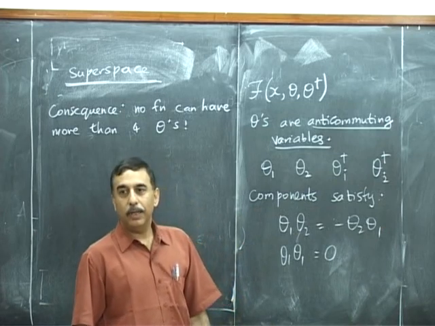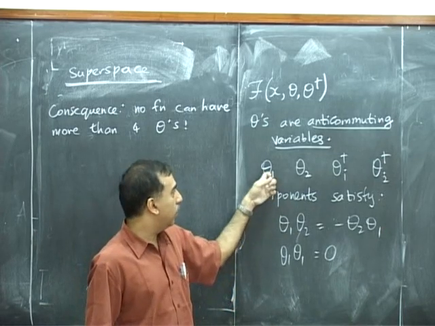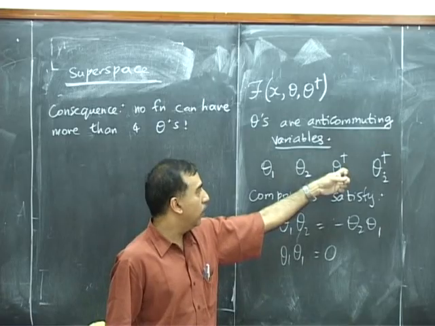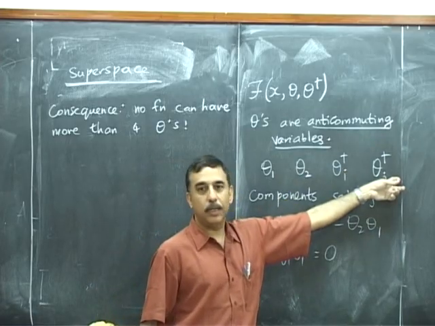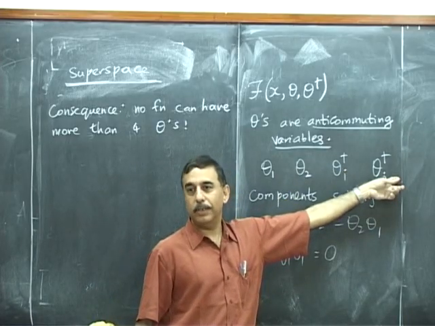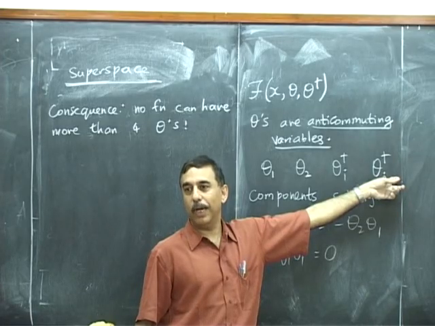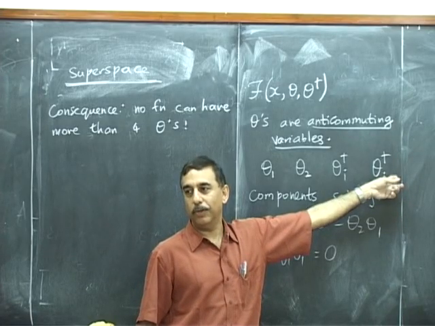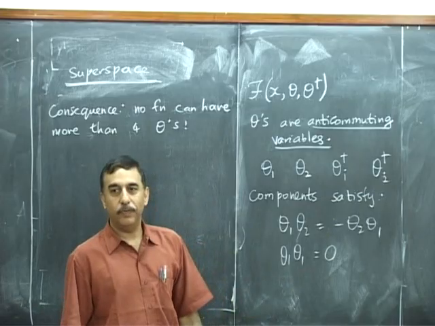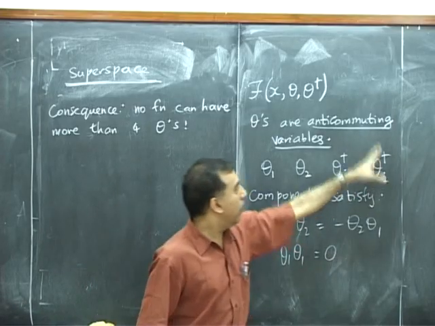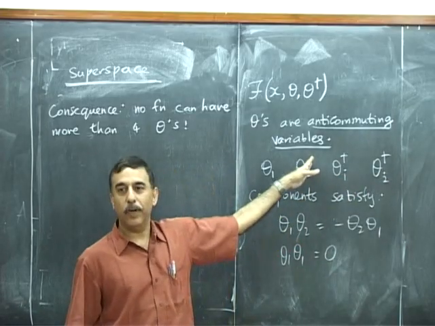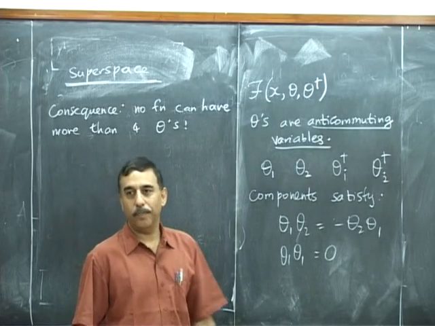So the maximum dependence it can have is that it can have a term theta 1 times theta 2 times theta 1 dot times theta 2 dot dagger, and that's it. So nothing, no more thetas you can multiply into that without making it 0. If I multiplied some fifth theta, wherever it was, I would anti-commute it till it hits its own friend in there and then gives me 0.